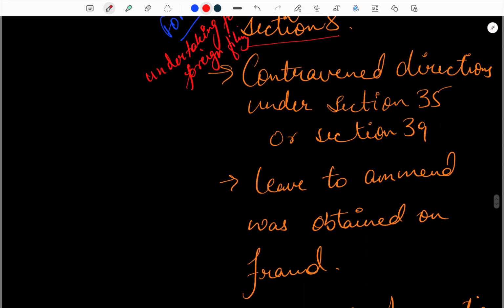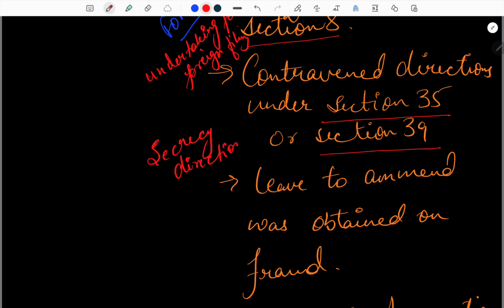Or it's contravening the directions under Section 35 and 39. These are the secrecy directions for the patents which are related to the defense of the nation, and Section 39 talks about the foreign filing license.